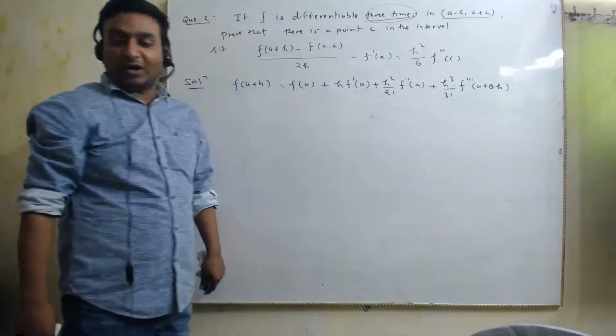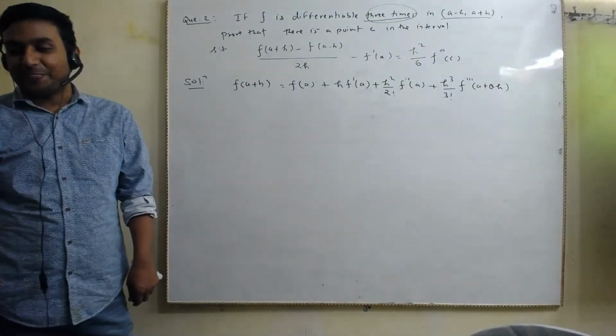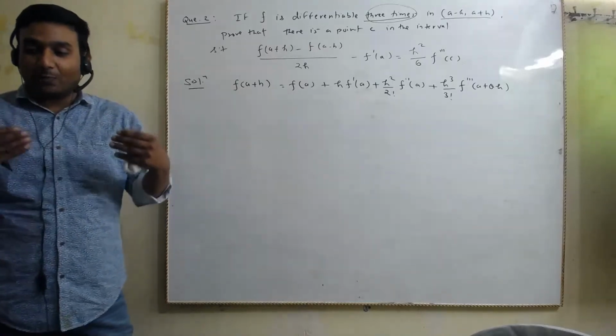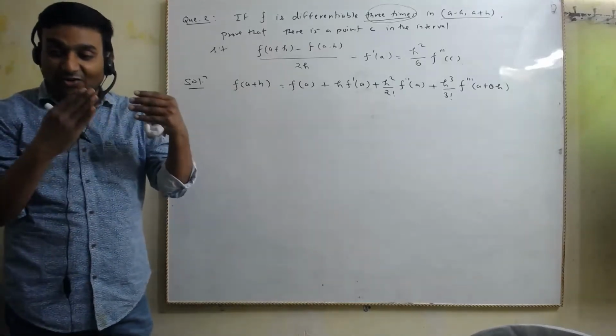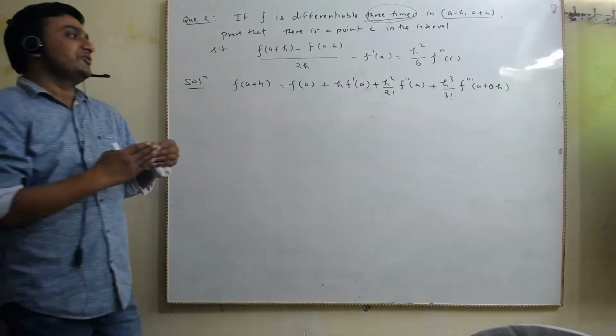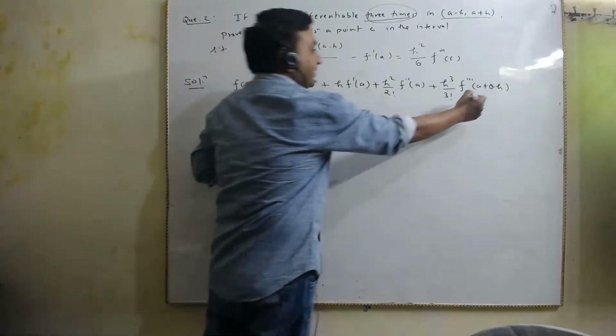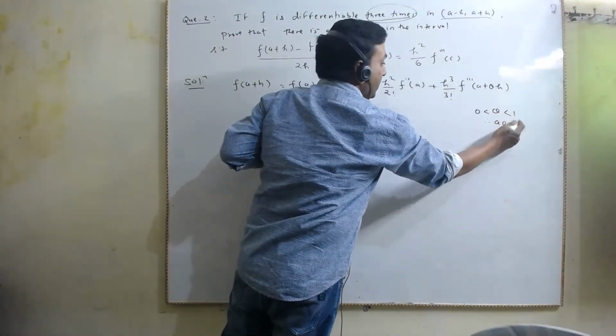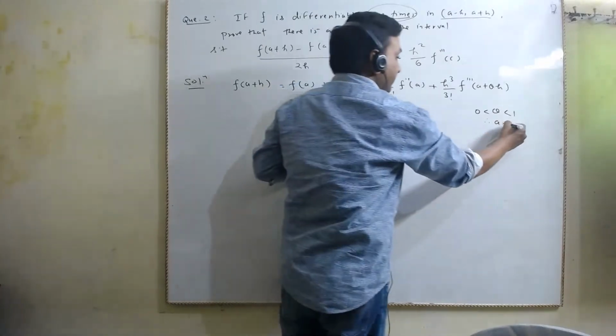Is that clear to you now? The function is differentiable 3 times, means I have to stop the expansion at the third order derivative of the function, right? Here, theta lies between 0 and 1, so a plus theta h.